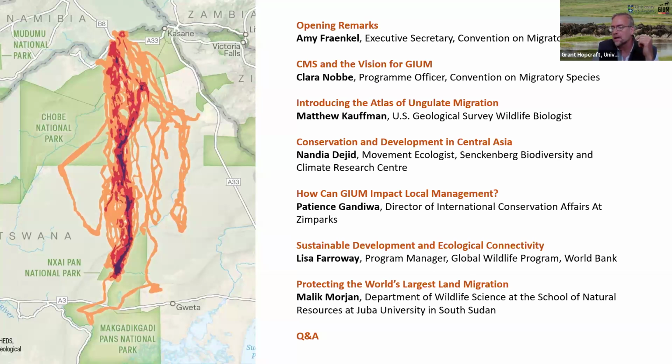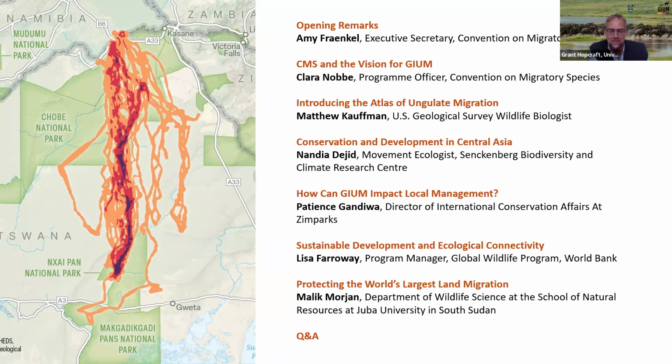So without further ado, I would take the opportunity to introduce Amy Frankel. And Amy, it's a great pleasure to have you here. Thanks so much for offering to open the event for us. For those of you who are joining, Amy has over 30 years of experience in international environment policy and law.